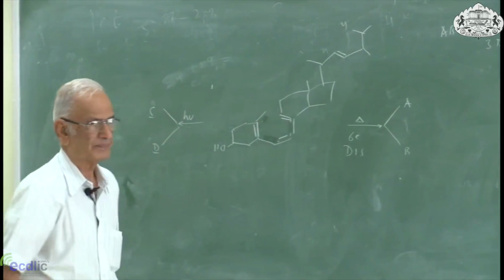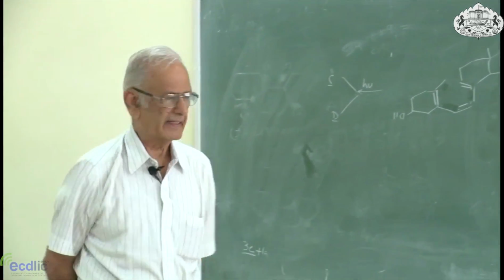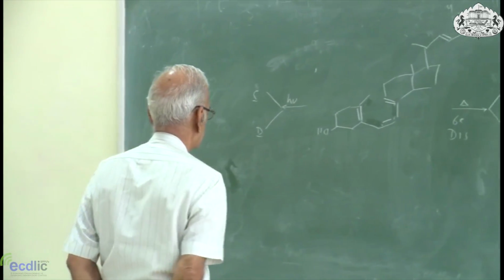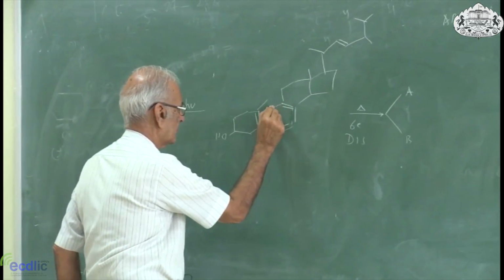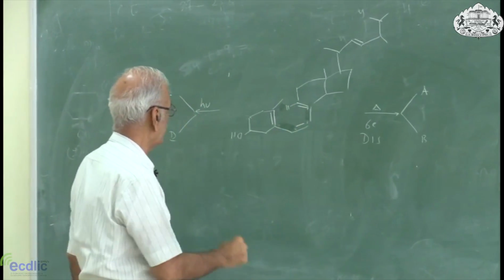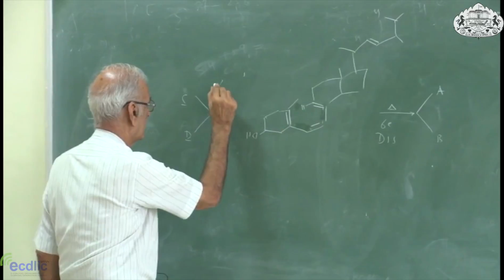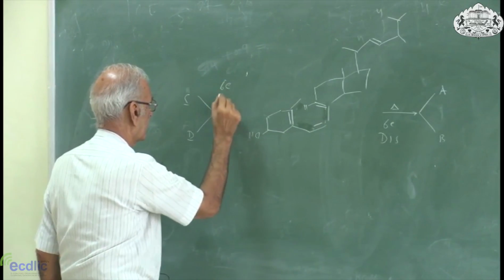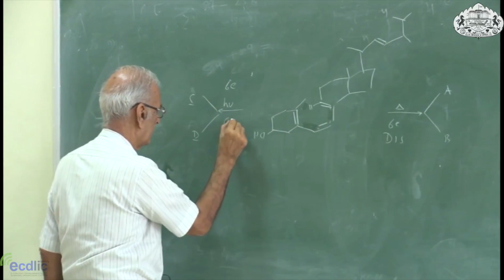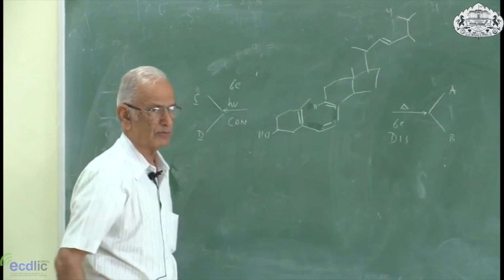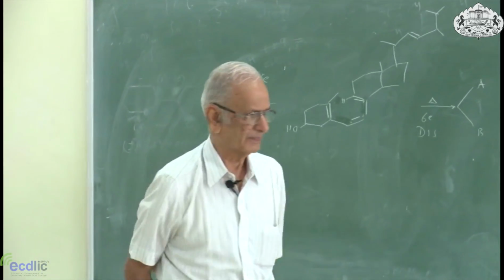So I am looking at this 6-electron reaction. Thermal reaction is going to be disrotatory. This is also a 6-electron reaction, but this is photochemical. This is going to be conrotatory.